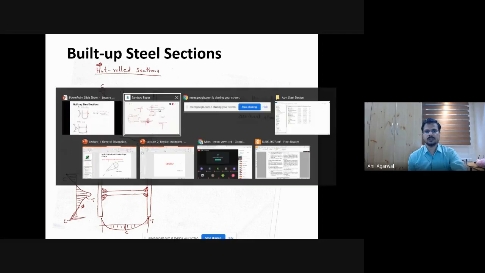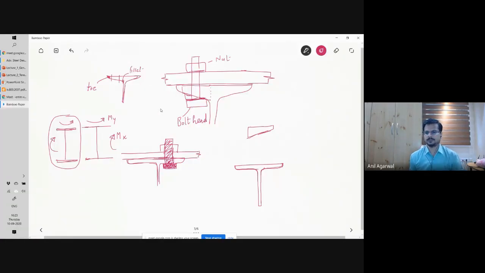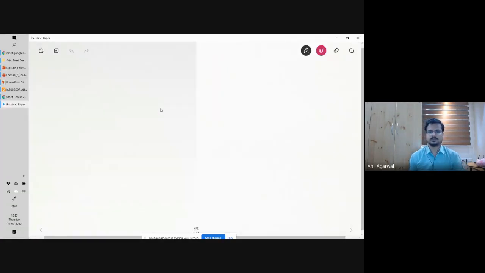If I may draw it again, just to elaborate further. If I am drawing the junction between the flange and the web, and I take a portion here, you can appreciate this is the web, extending this way, and this is how the flanges are extending, top and bottom.